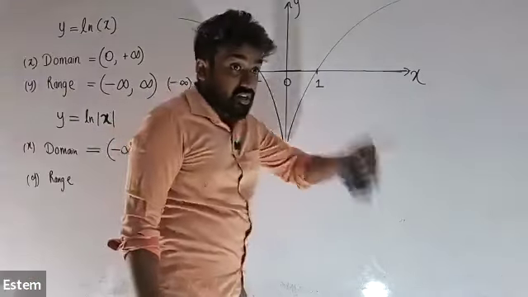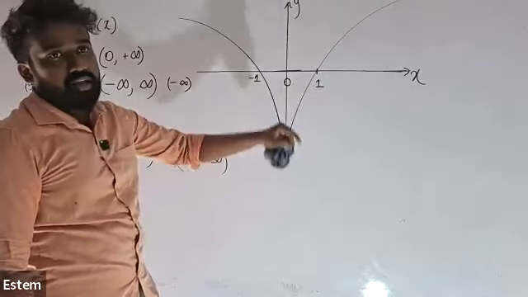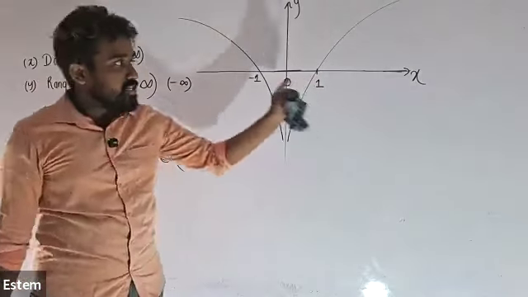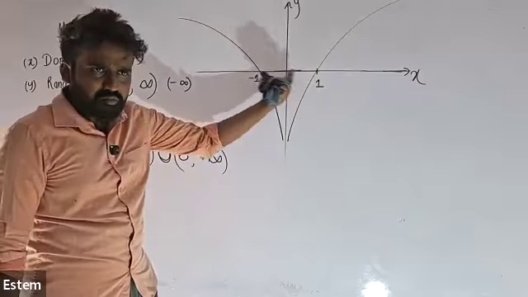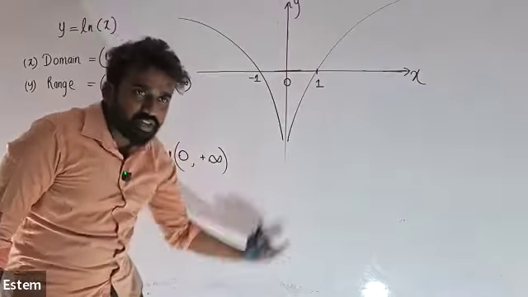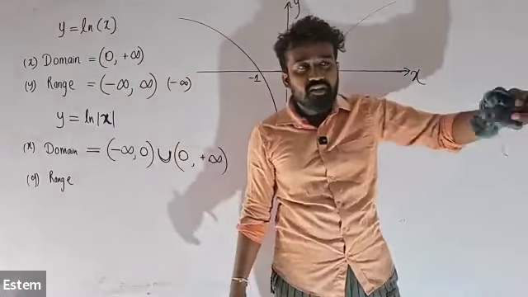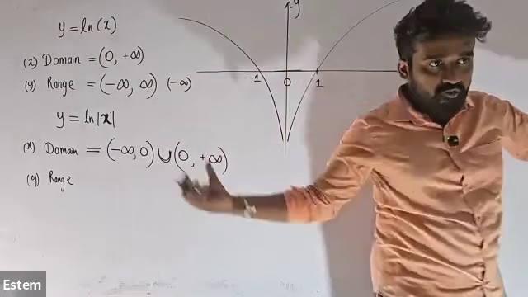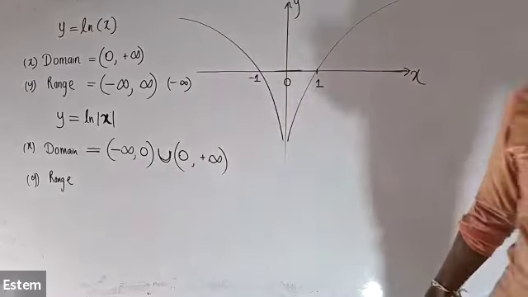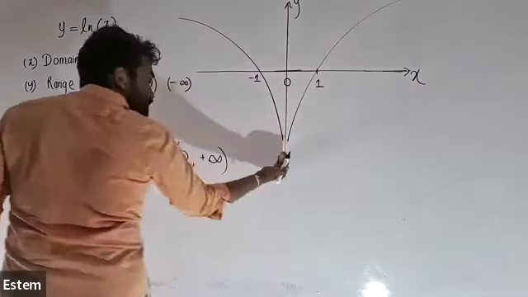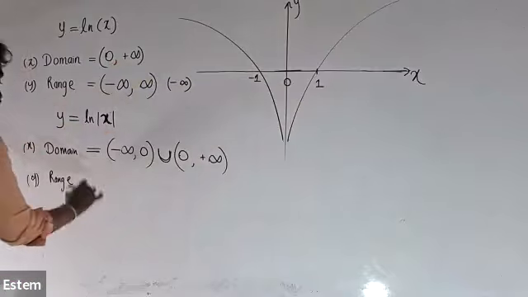This is the domain, because we can't get 0 here. When x equals 0, on both sides y goes to negative infinity. That's the reason it is not defined, it does not exist. So we write the domain like that. The range is the same, minus infinity to positive infinity.